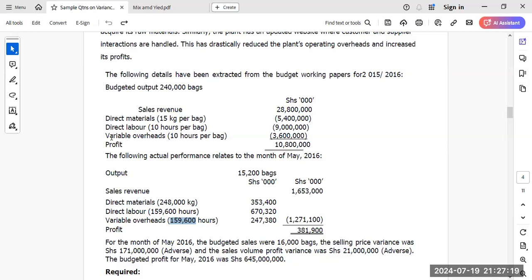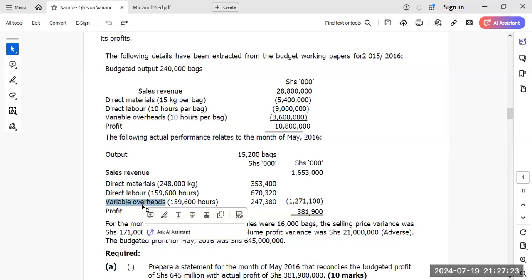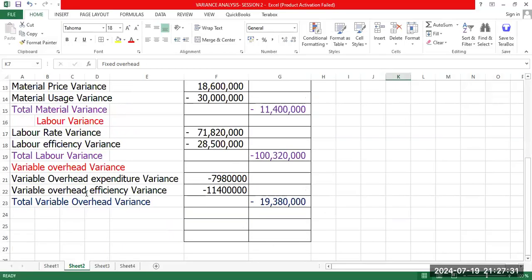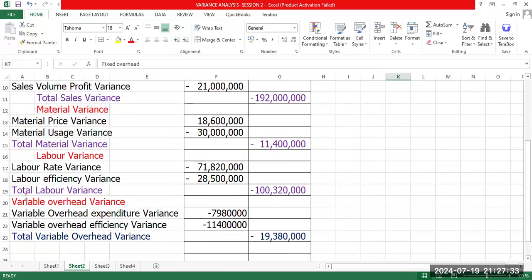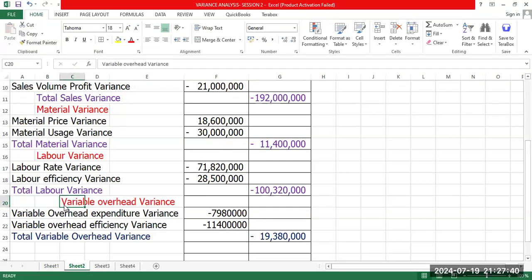You see that even on the budgeted, we don't have fixed. Even on the actual, we don't have fixed. So you cannot put fixed overhead here. So it means that those are the only variances in this question.